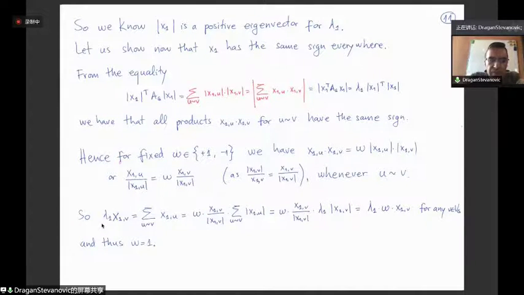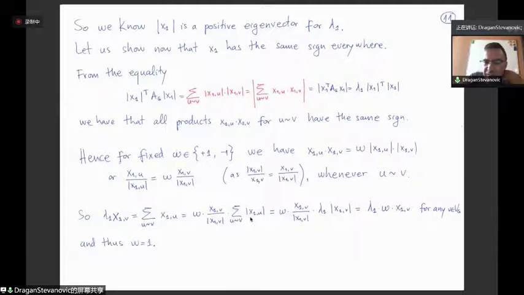So let us look now at the eigenvalue equation at vertex v. So lambda1 times x1v is equal to the sum of components of all neighboring vertices. Now we use this relation to express the component x1u in this funny form. It looks more complicated, right? But what is important here is that we have the sum of absolute values of components of all the vertices that are adjacent to v.